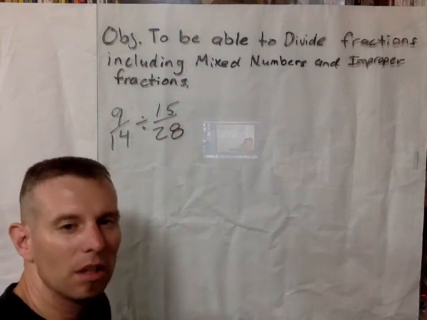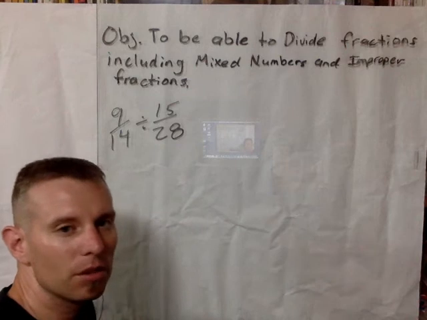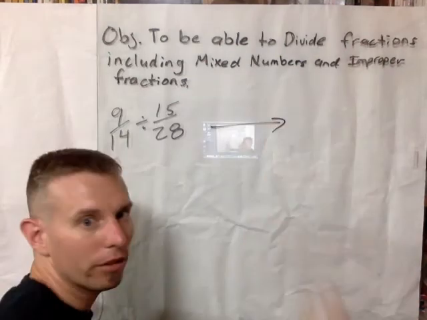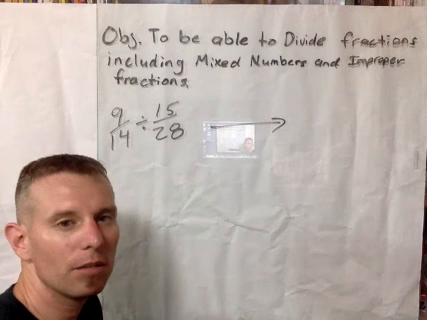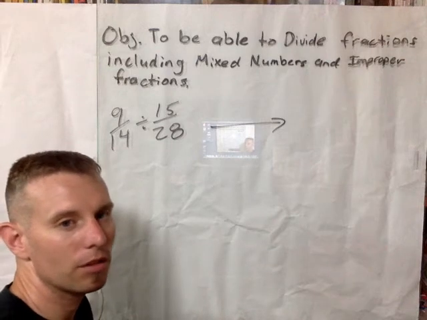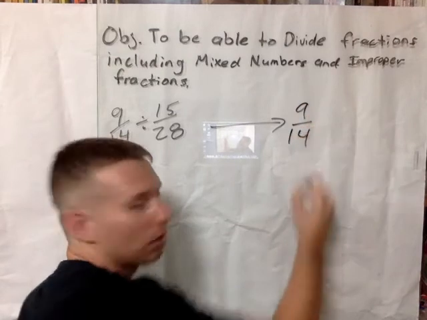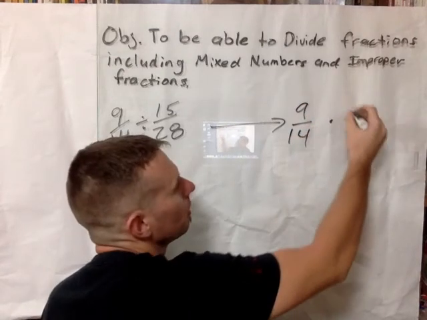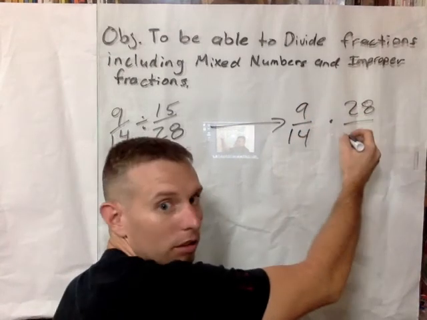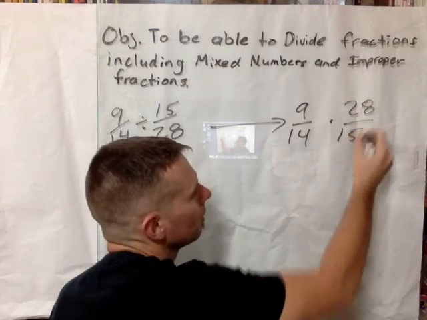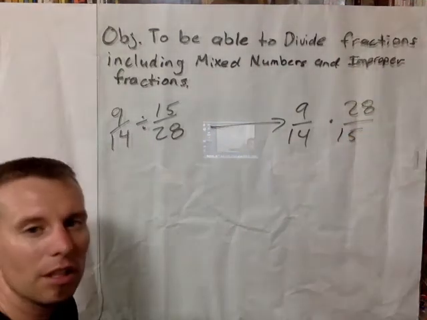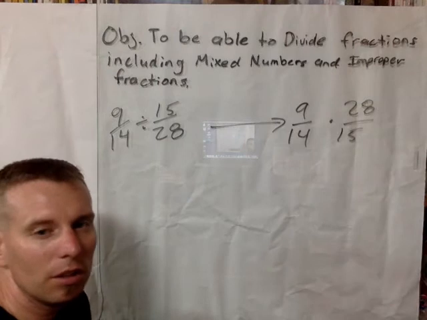Well, there are no mixed numbers, so we don't need to do that. And we can now take the reciprocal of the second fraction and make this 9/14 times 28/15. So here we can see some things that will end up canceling.